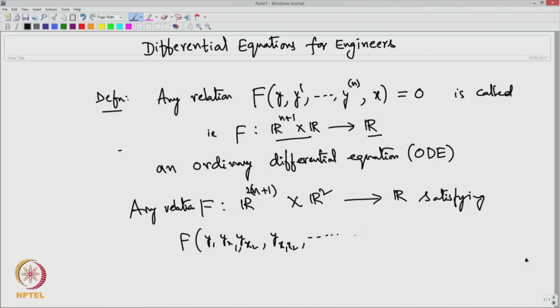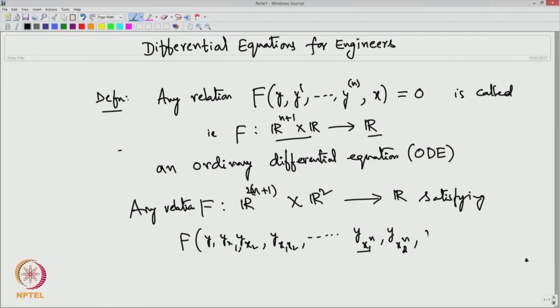If you have n derivatives of y, let us write y_x1^n, y_x1x2^n, that means y_x1 up to n times, all the n derivatives, del^n y divided by del x1^n.